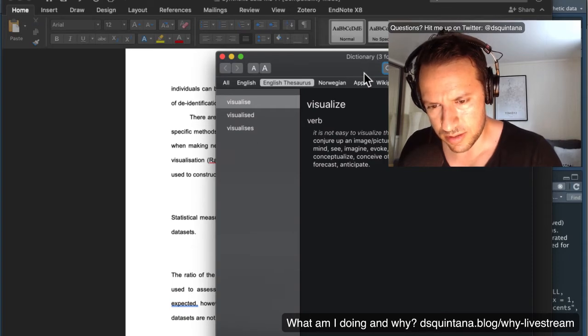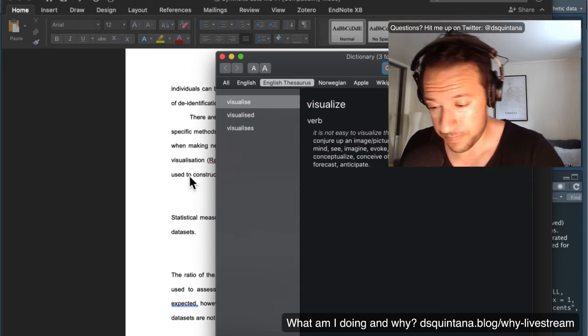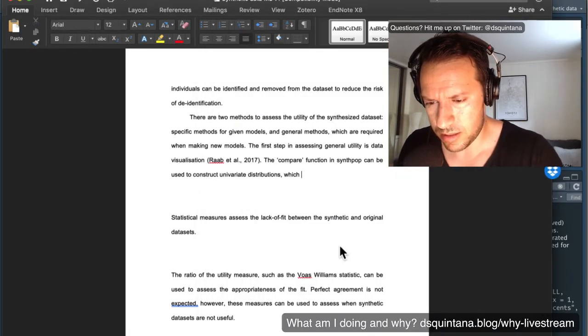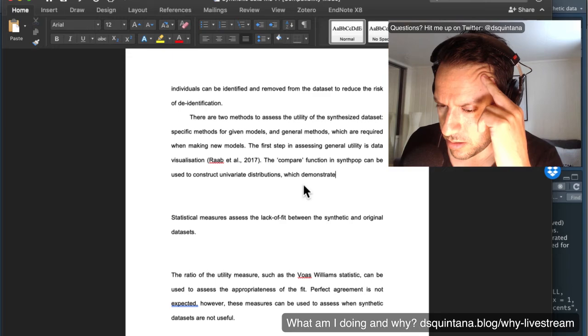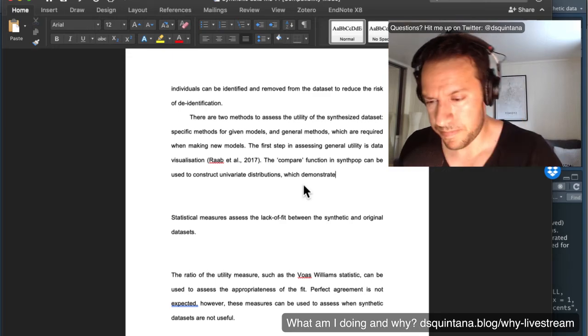Another word for visualize. Nah. Univariate distributions.